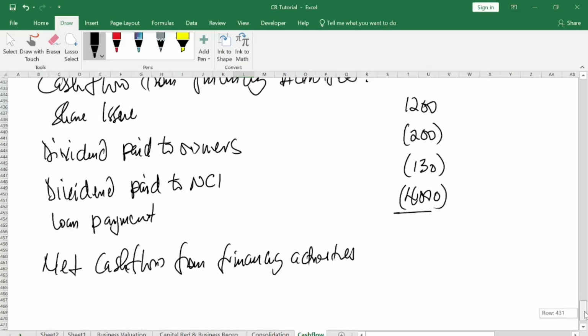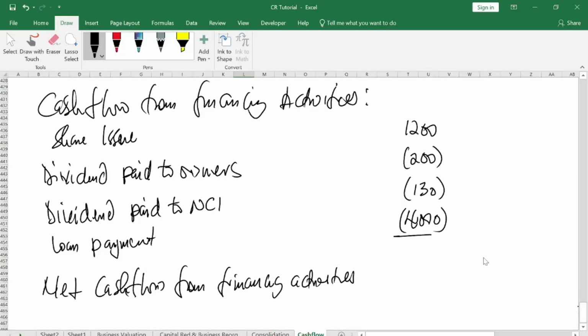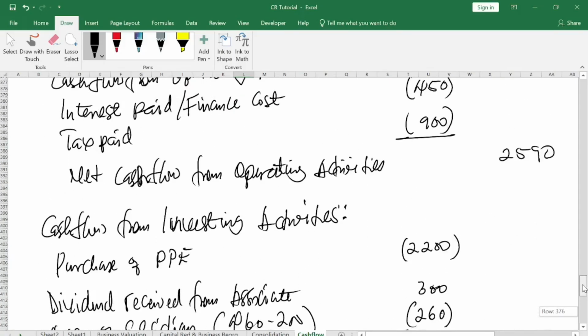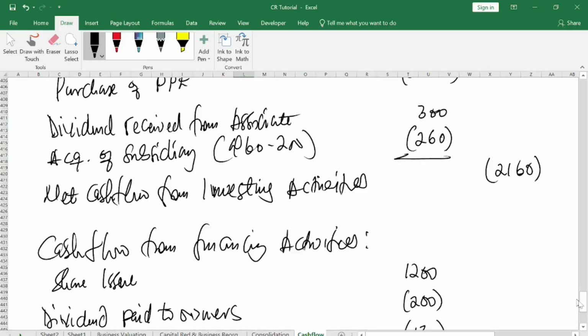I have this from 3130. Is it in bracket? In bracket. Okay, 3130. So you sum them up from operating: 2590 minus 20.